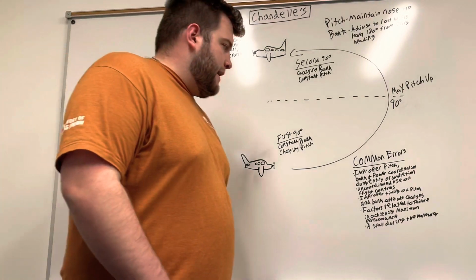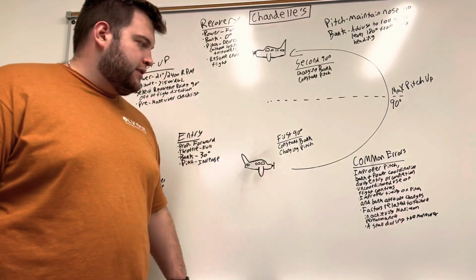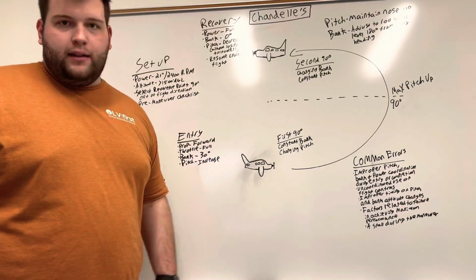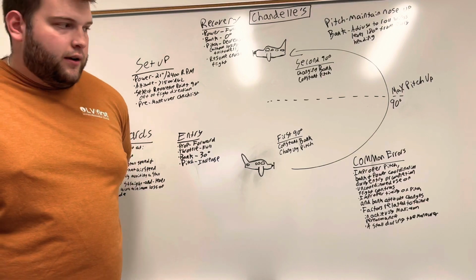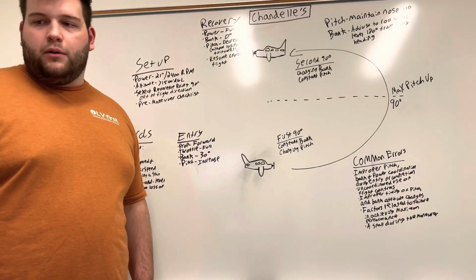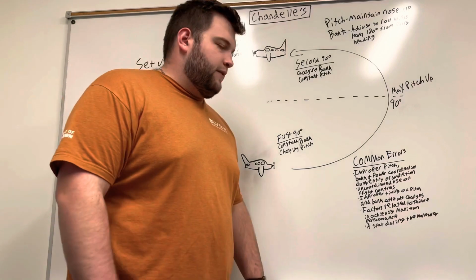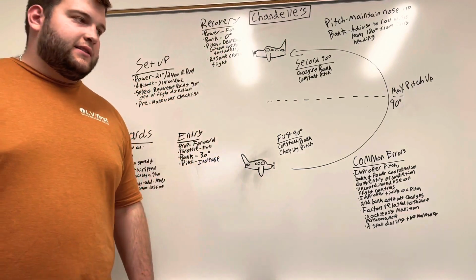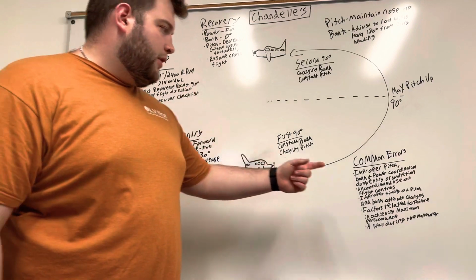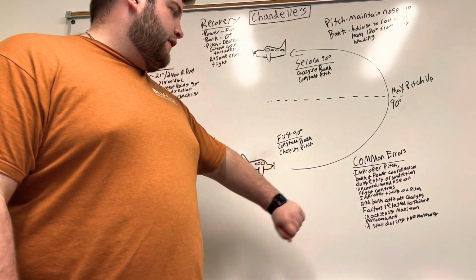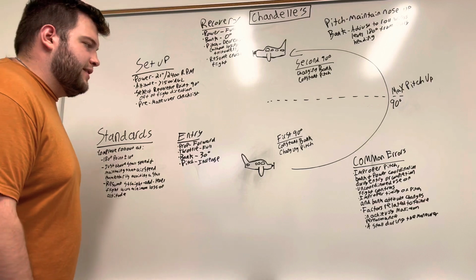And also maintaining coordinated flight with your rudders as well, like going back to that left turning tendency during the left turn. You want to add that right rudder, and then for the right turn, it tends to cancel each other out.